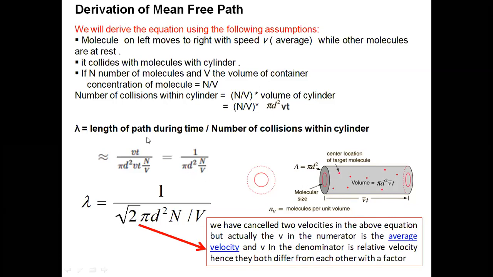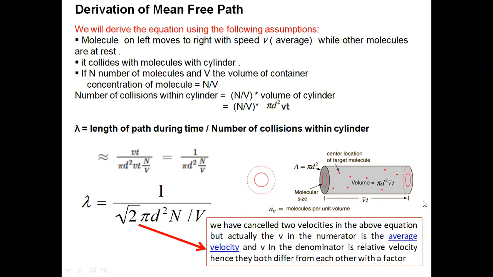So lambda is the length of path during the time. The length of path during the time is equal to v average times t.